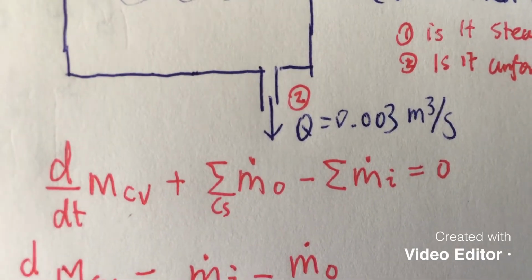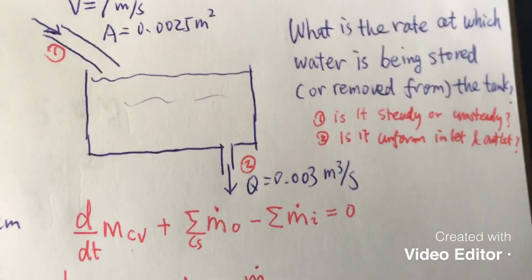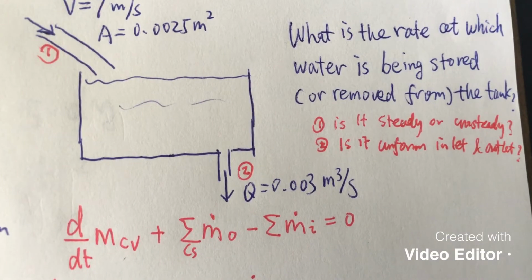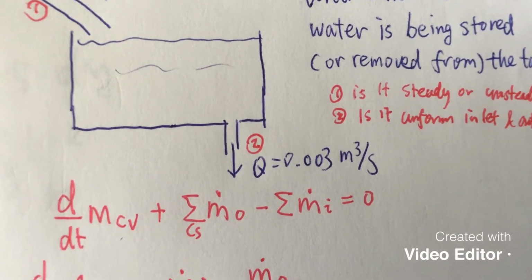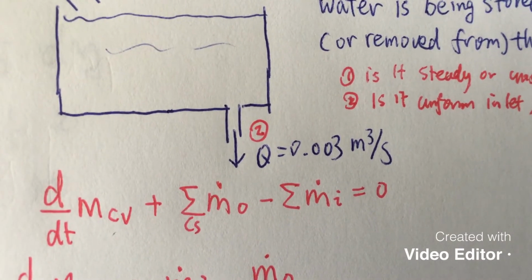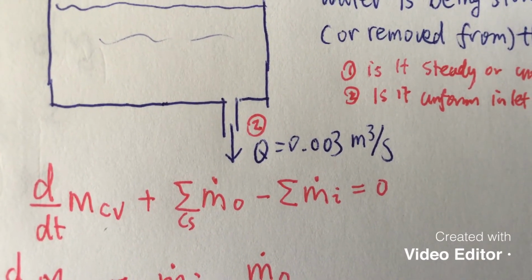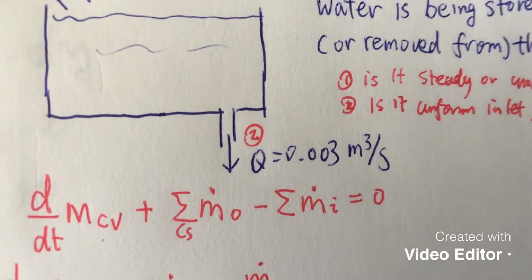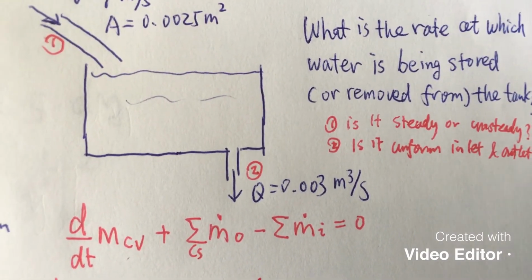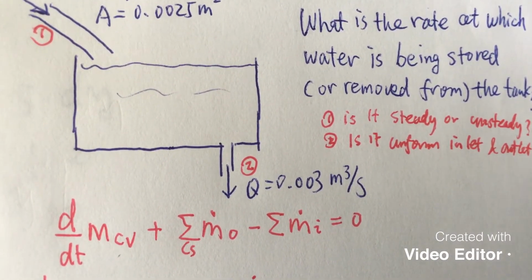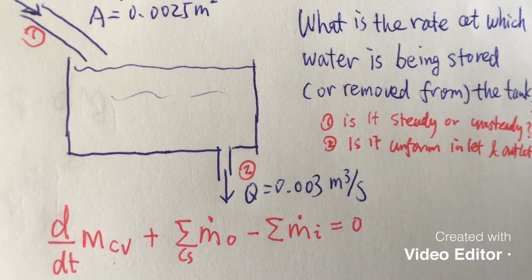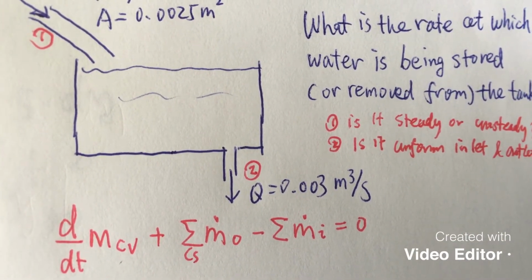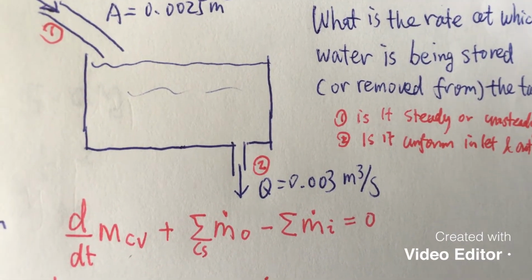Okay, so come back to the question. What is the rate it talks about? The time rate of change, that's the first term: the time rate of change of total mass in the control volume in the tank. That's what the question is: what is the rate at which water is being stored or removed from the tank? The rate means the time rate of change of the mass.